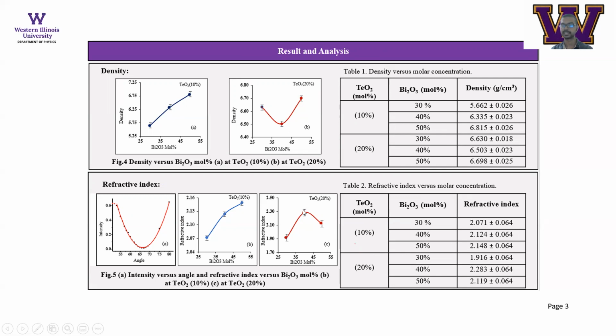It first increases, then decreases again. Comparing density and refractive index analysis, we can see that when density is lowest, our refractive index is highest. And refractive index shows this characteristic because of the presence of heavier, highly polarizable ions of tellurium and bismuth oxide.